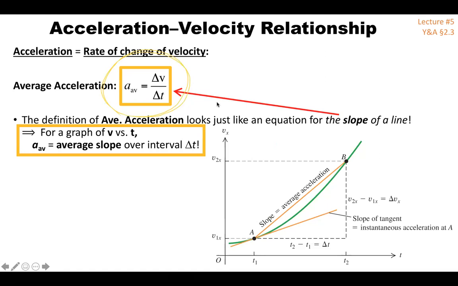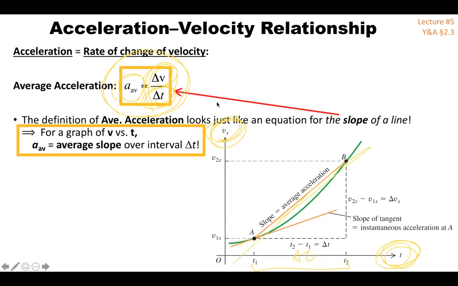We're going to use our formula for average acceleration, and we're going to say, hey, this part on the right side here looks just like the slope of a line. It looks like a rise over a run if the rise were velocity, the numerator here, and the run is time. So if we were to make a graph of velocity versus time, then it would stand to reason that on average over a large time interval, the average acceleration should be the average slope that you calculate over that large time interval.